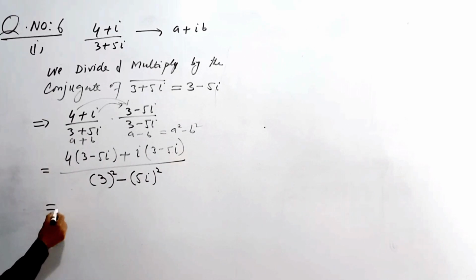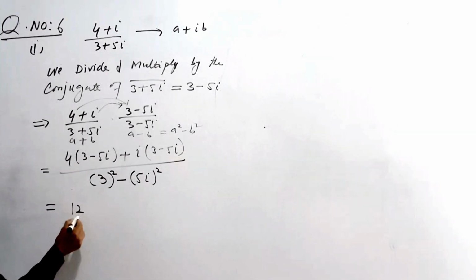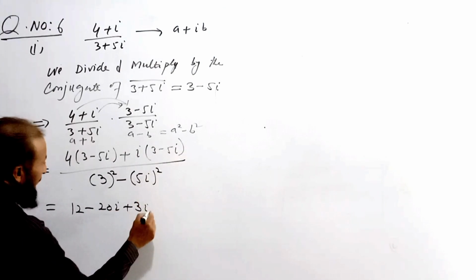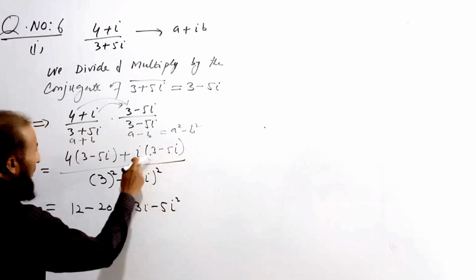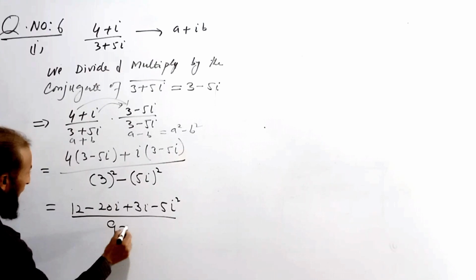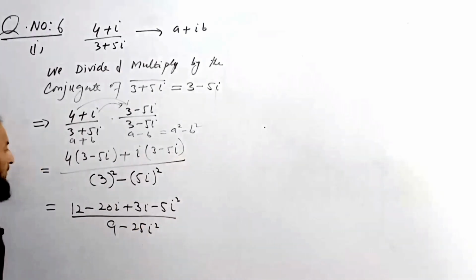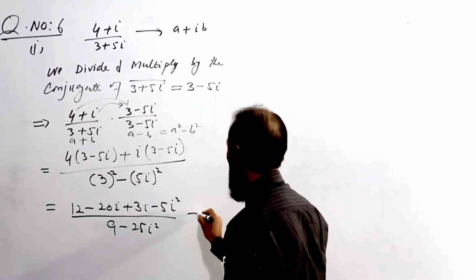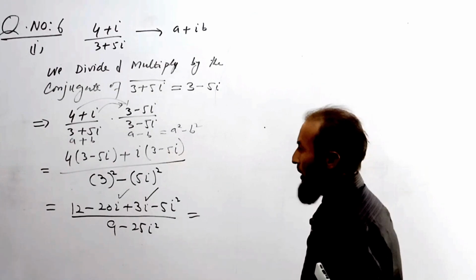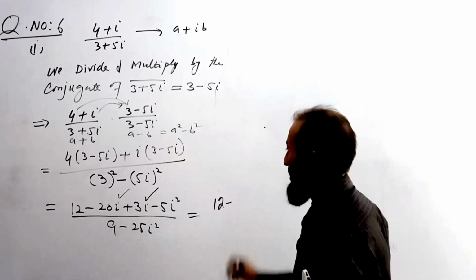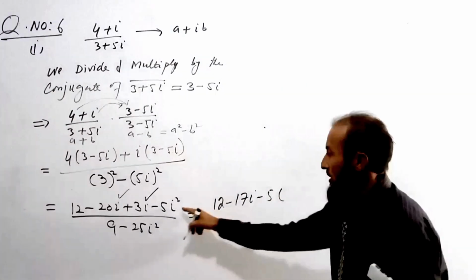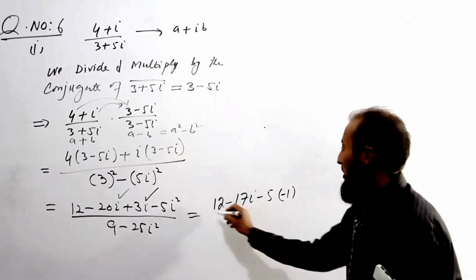Now we reduce this term: 4 times 3 is 12, minus 20 iota plus 3 iota minus 5 iota square. Iota multiplied by iota square. And here we can open this one: 9 minus 25 iota square. Now we can simplify here iota and iota. These are like terms. 12 minus 17 iota minus 5 in the place of iota square minus 1.